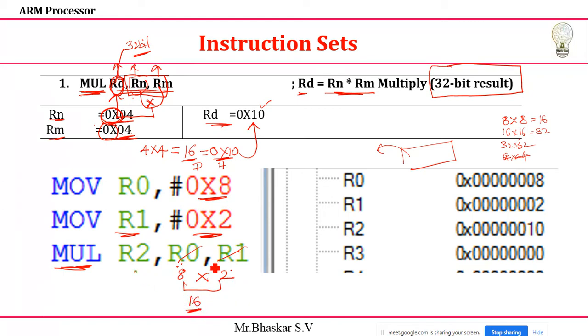R2 will not get the value 16 directly. We are getting 10. How? Because the respective hexadecimal value of the decimal number is what gets stored in my register R2. So this is the usage of my MUL instruction.